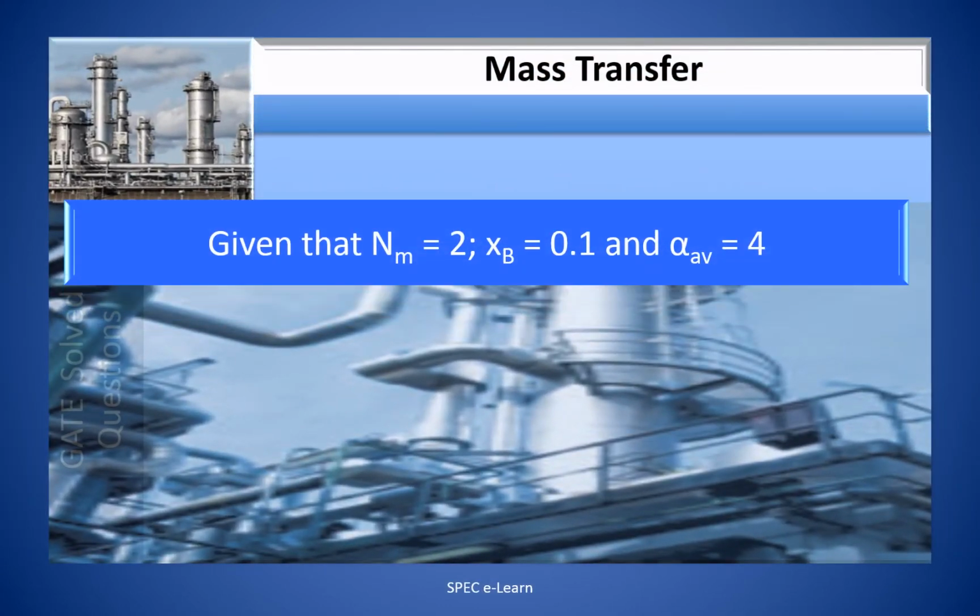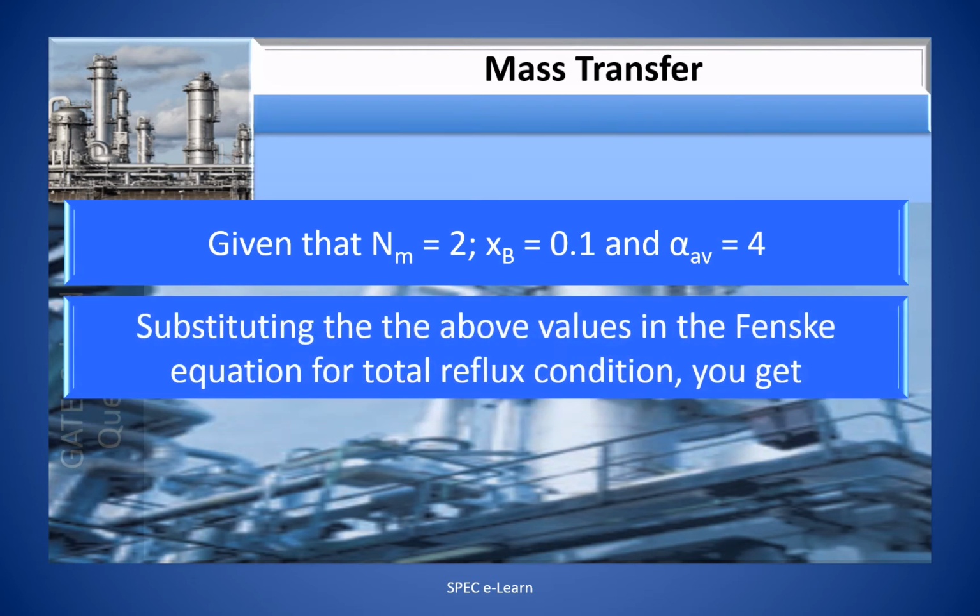Given that N_m is equal to 2, x_b is 0.1 and alpha average is 4.